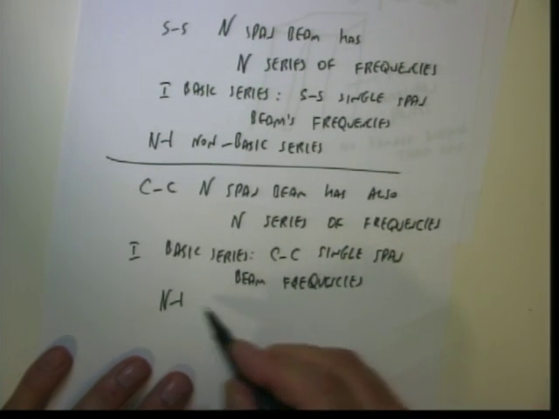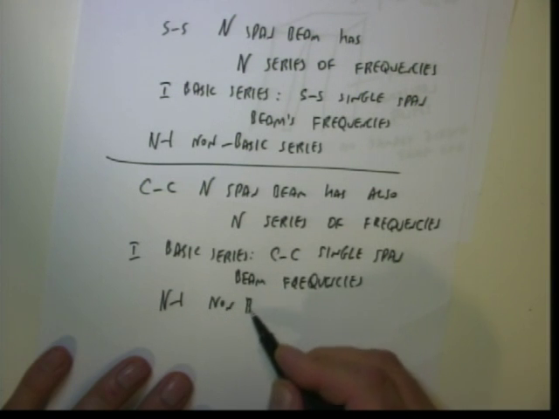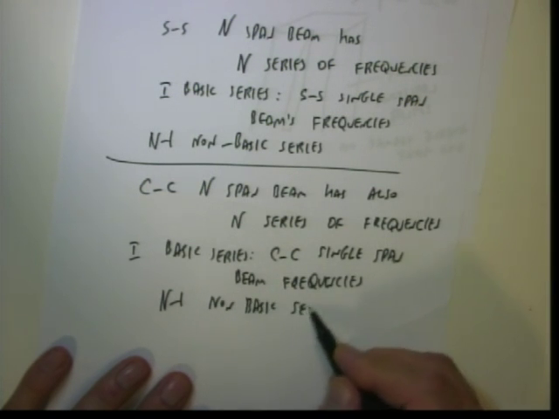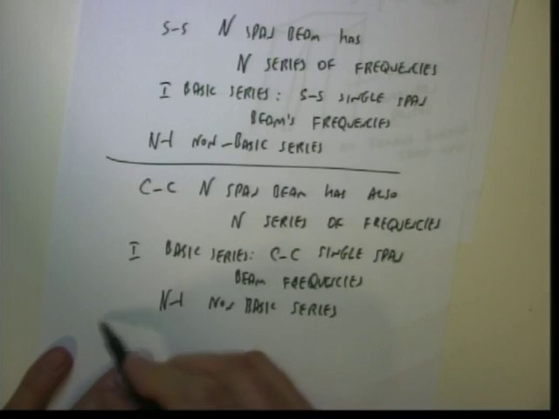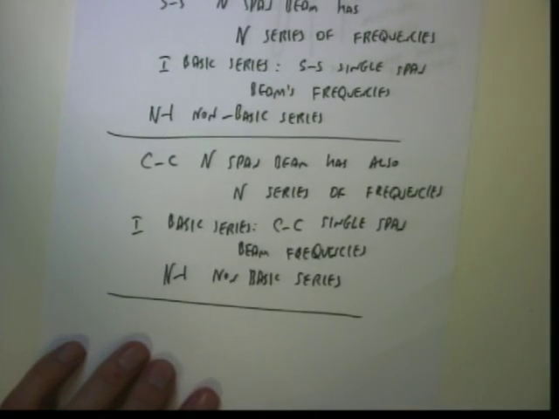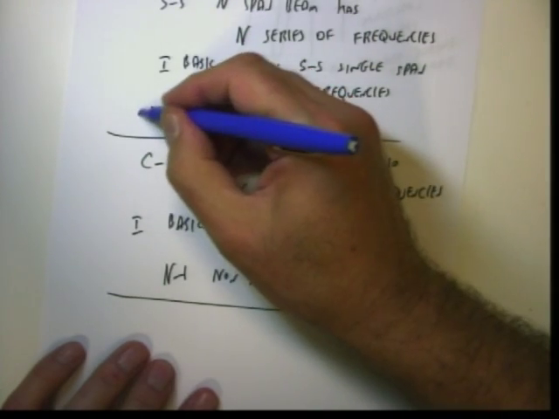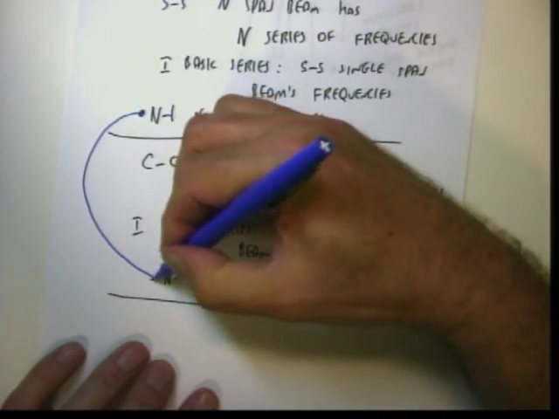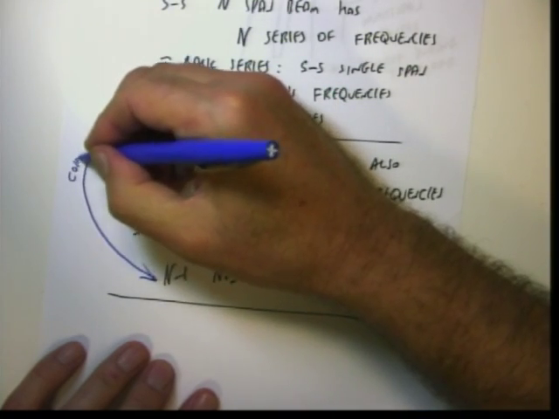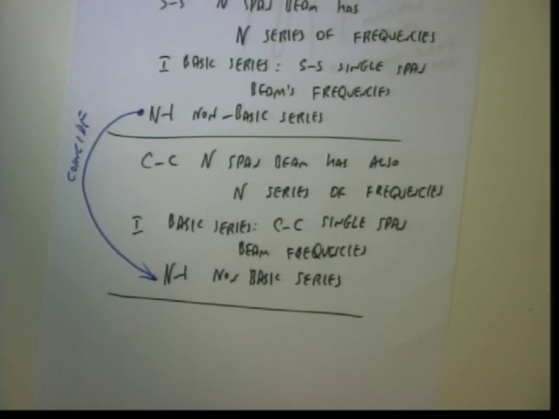And N minus 1 non-basic series. Okay. Then these N minus 1 non-basic series coincide in both cases. They share N minus 1 non-basic series in N-span structures.